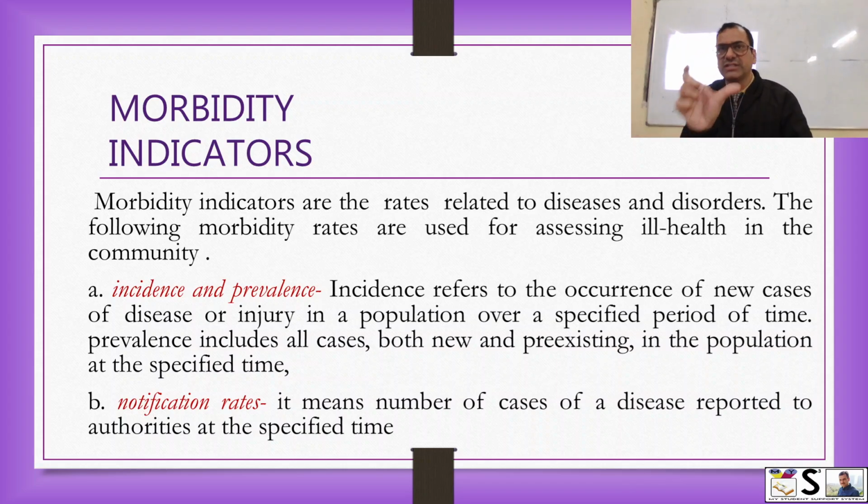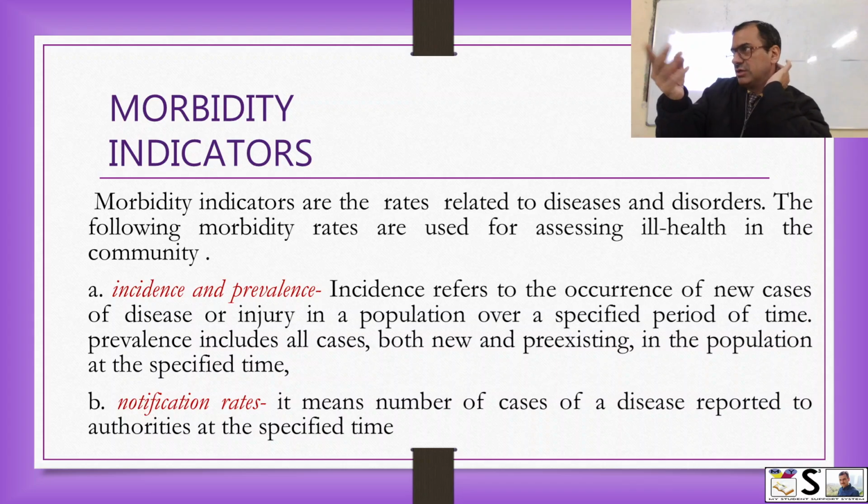So both cases calculated combinedly, then it is known as prevalence rate. So in the same example, if we know that in previous month there were 3 cases of tuberculosis and we have started treatment in our area, and now this month 5 cases appeared. So total prevalence rate of this month will be how much? 3 and 5, total 8 cases.